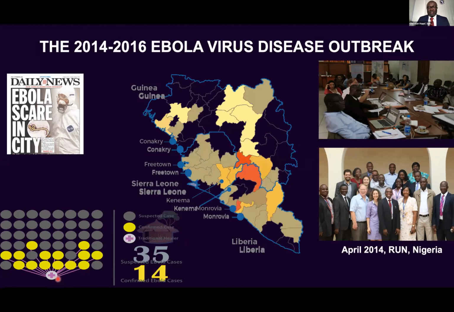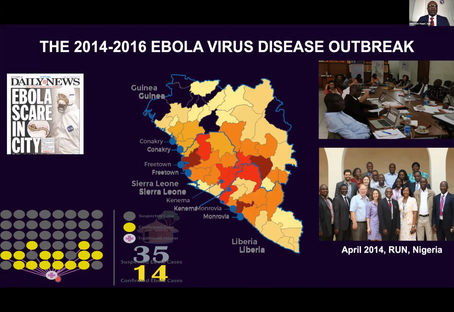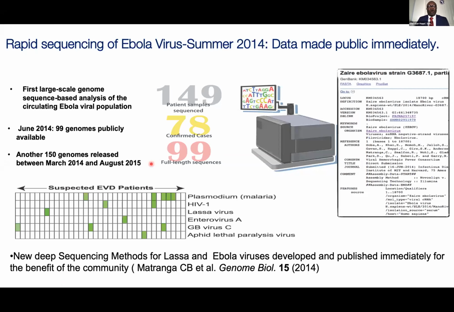More importantly, we pioneered what we call open data access and open data sharing. Pioneering this in 2014, we generated the first 99 full-length genomes of Ebola during the first 3 weeks of the outbreak in West Africa, and made this data available to the international community so that those interested in developing diagnostics, vaccines and therapeutics could use this information.